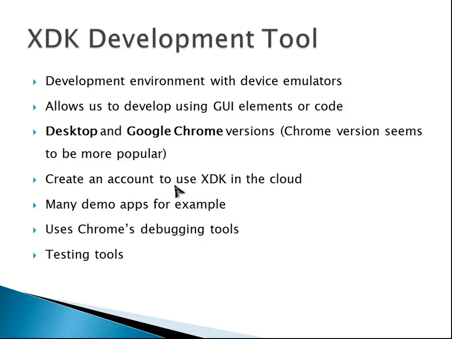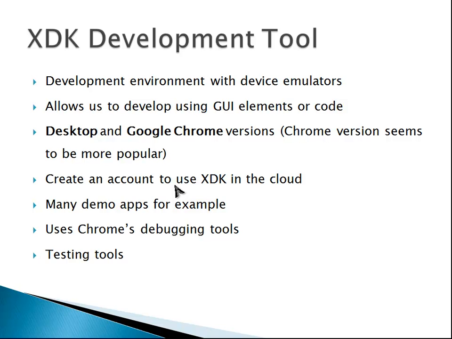With XDK, we can get the desktop version or the Google Chrome version, which is basically a Google Chrome extension, and the Chrome version seems to be much more popular. That's what you see if you find any tutorials or articles on XDK, and that's usually the version you see. You need to create an account to use XDK in the cloud, which is free.